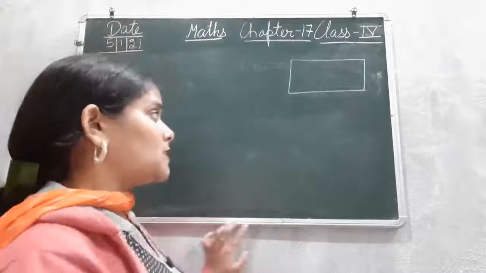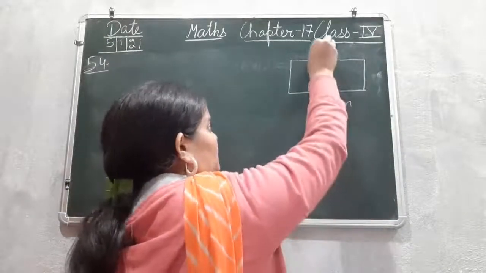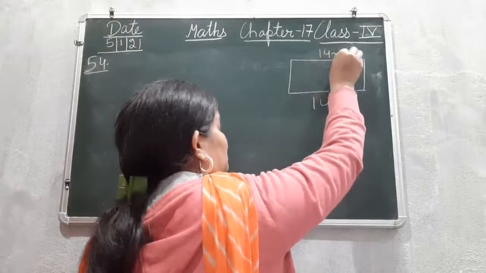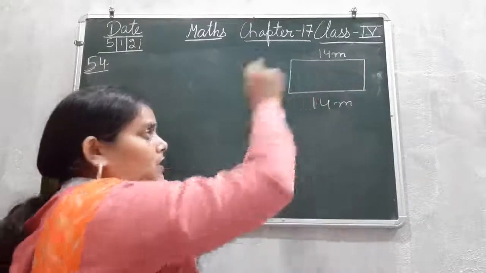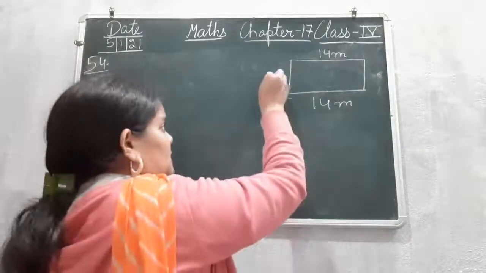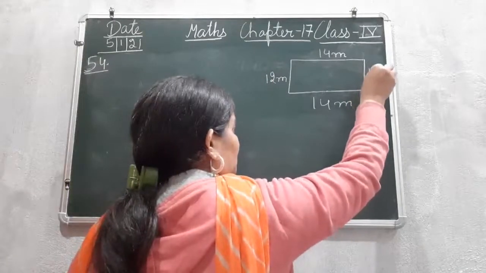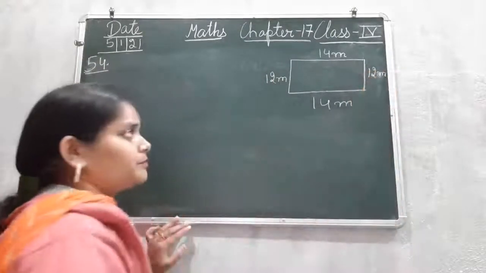So that means if this is 14 meter, this will also be 14 meter. And if this is 12 meter, this will also be 12 meter.